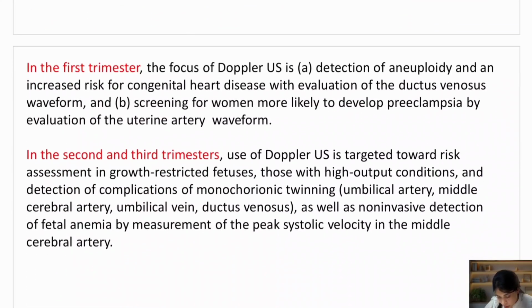So this video is about ductus venosus Doppler. In the first trimester, the focus of Doppler is detection of aneuploidy and congenital heart diseases, for which ductus venosus Doppler is done, and also to screen women for preeclampsia by evaluation of the uterine artery.